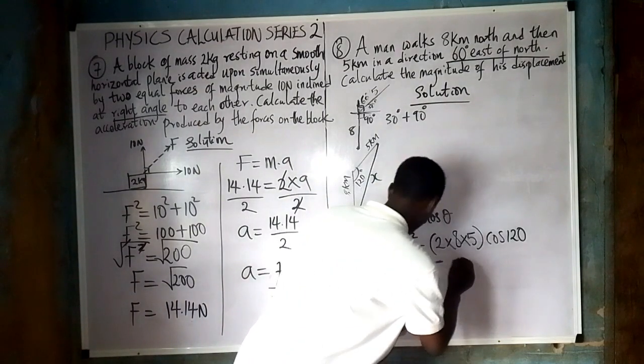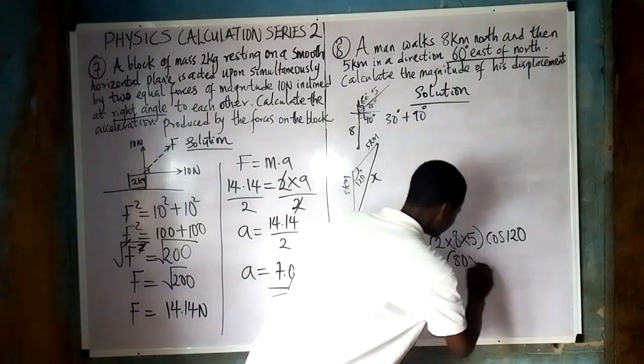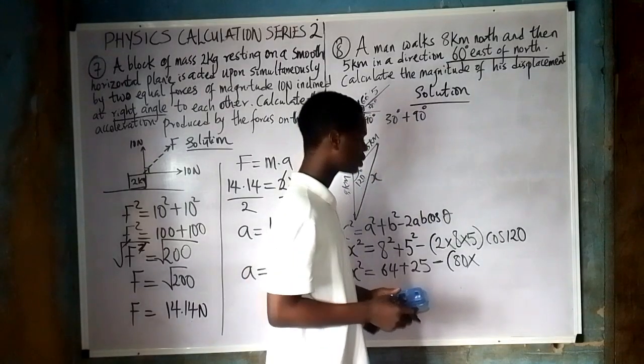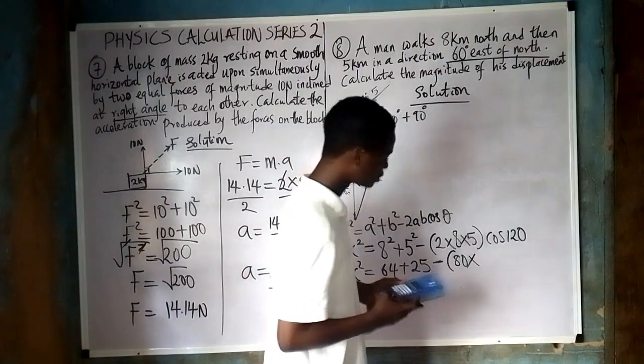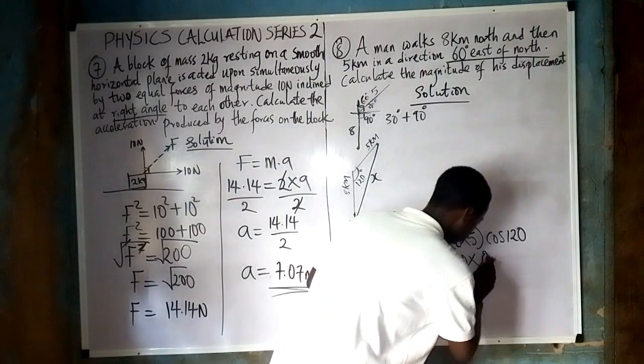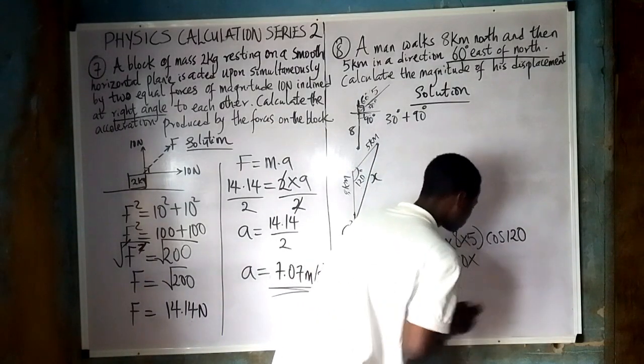So I can come here and write 80 times, what is the cos of 120? The answer I got is negative 0.5.